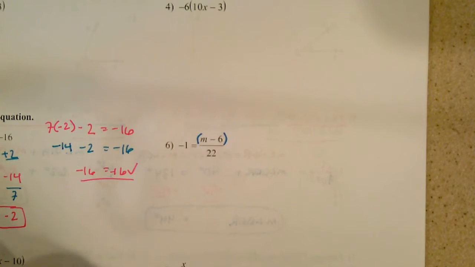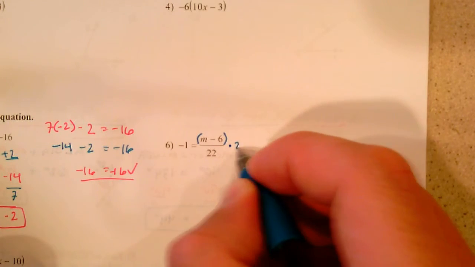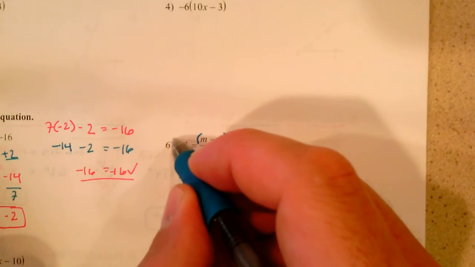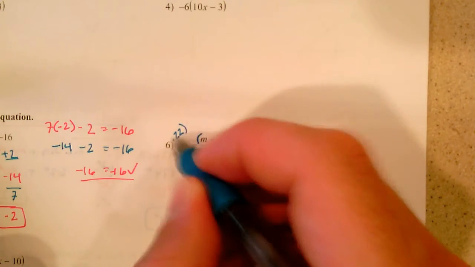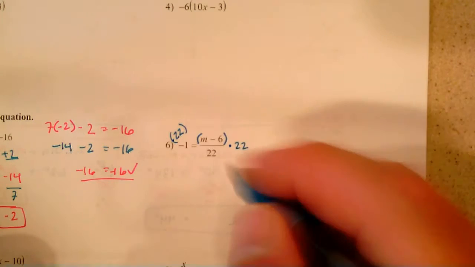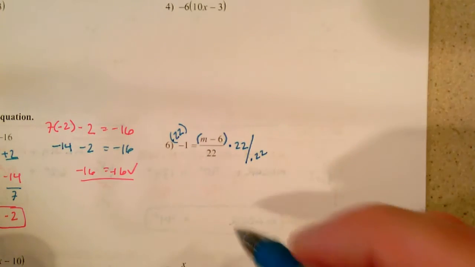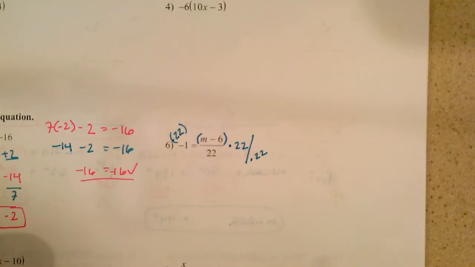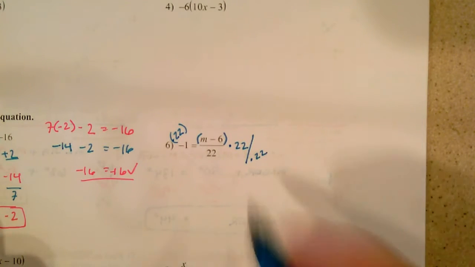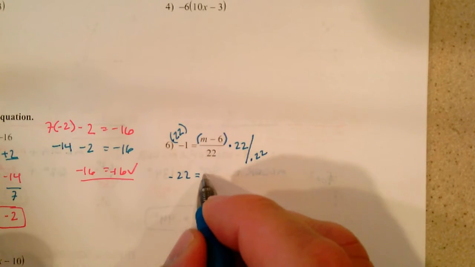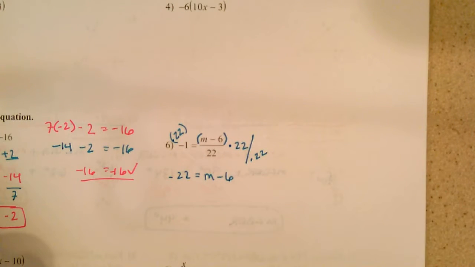So we're going to start by undoing this division by multiplying by 22 on both sides. In fact, some people will just write a little slash here, and they'll write times 22 instead of writing it on both sides. Okay, so here we get negative 22 equals m.